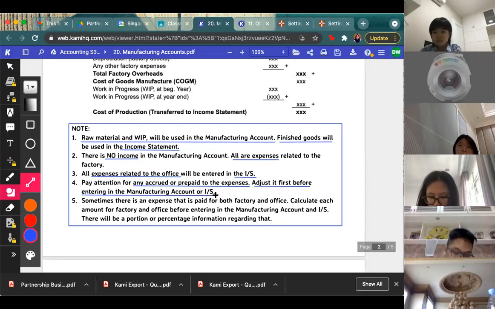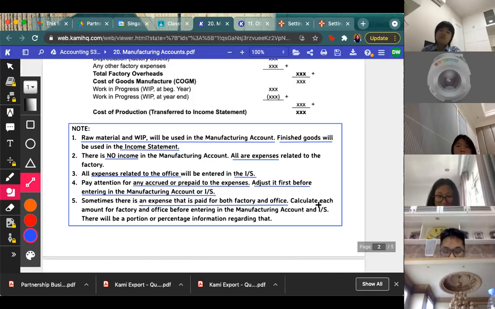It means if, let's say, in the factory rent you have a prepaid, you have to adjust the prepaid first before you allocate it to manufacturing or to the income statement. Clear? Next, sometimes there is an expense that is paid for both factory and office.